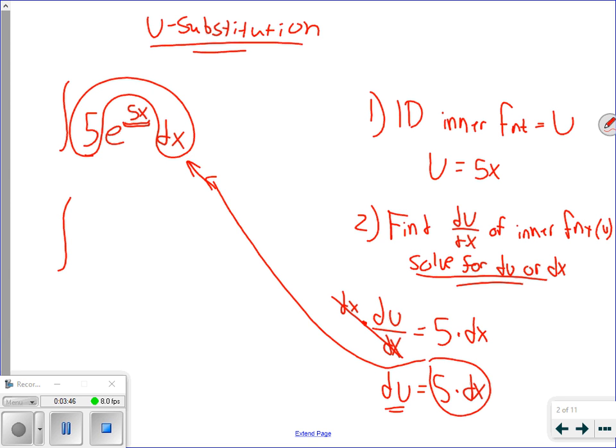What I have here is e, and instead of 5x, I'm going to plug in u. So what I have is e to the u du. I got rid of the 5 and the dx and made that du. I got rid of the 5x and made that u.